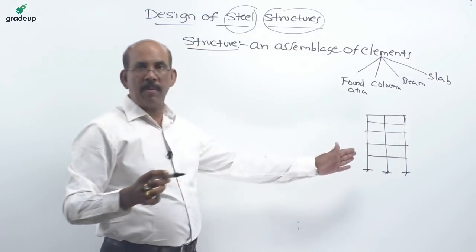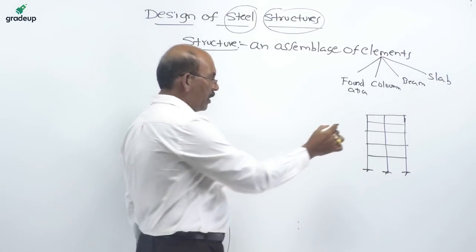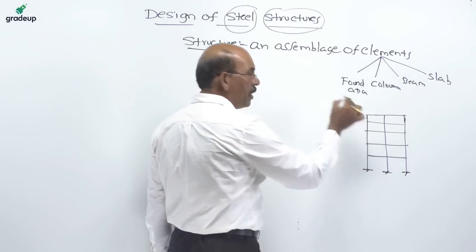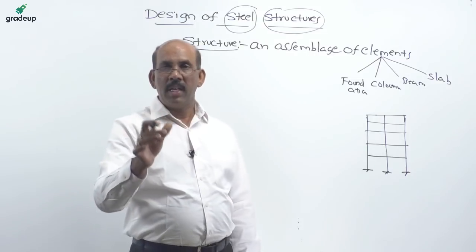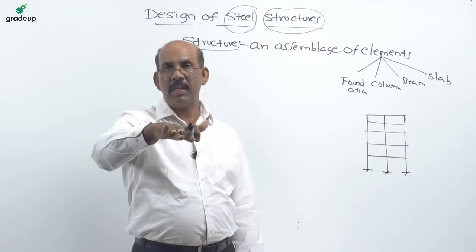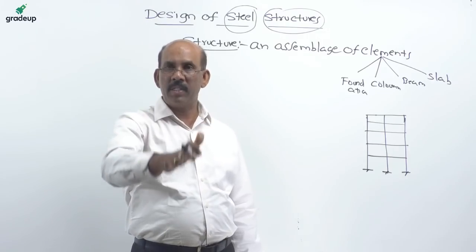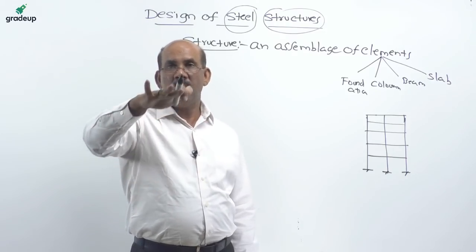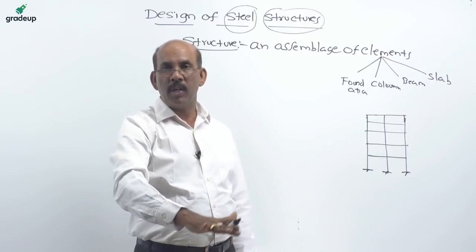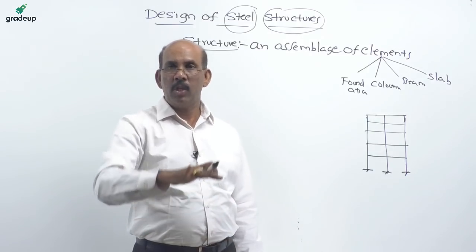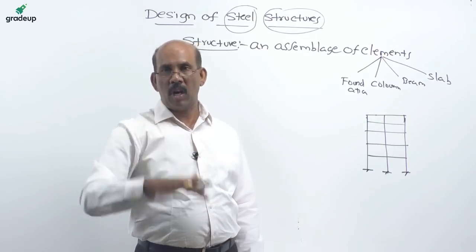One can see everything, slab cum beam and the column. That means every element is a ready-made element. Slab is designed separately, beam is designed separately, column is designed separately, and finally they are all going to join to the foundation by means of slab base and column base.